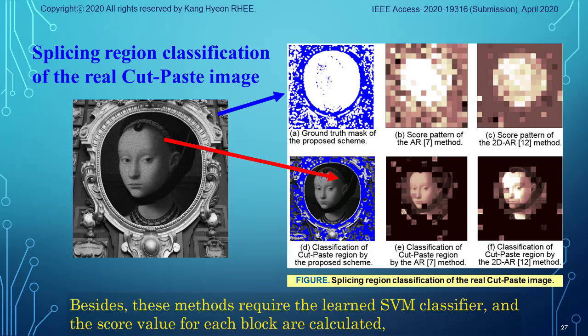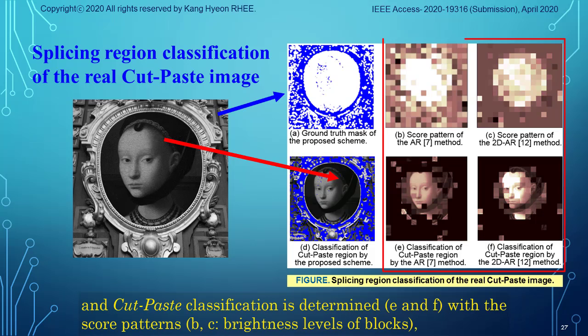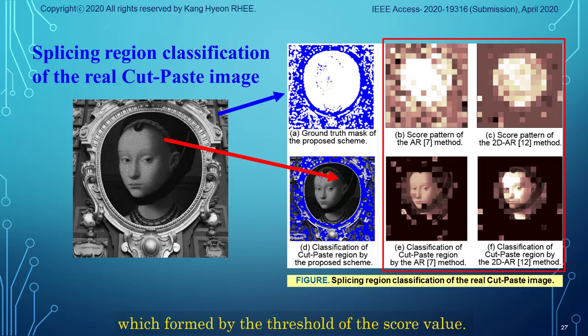Besides, these methods require the learned SVM classifier, and the score value for each block is calculated, and cut-paste classification is determined E and F with the score patterns B and C, brightness levels of blocks, which are formed by the threshold of the score value.